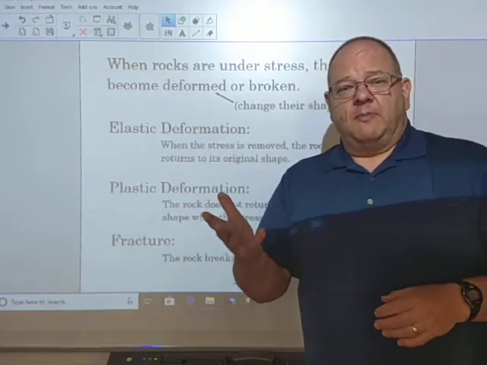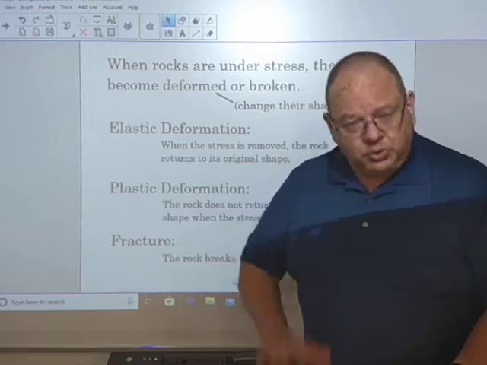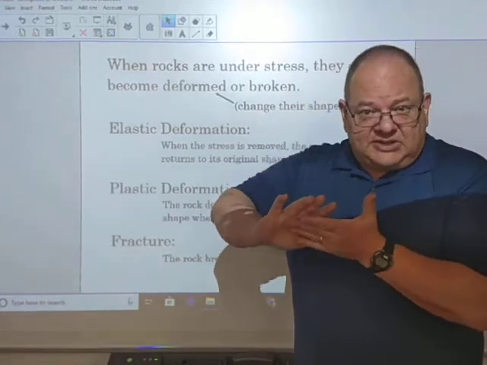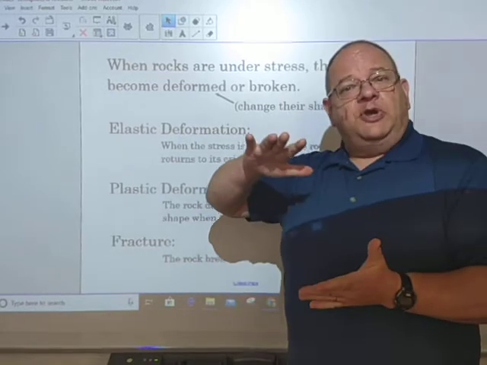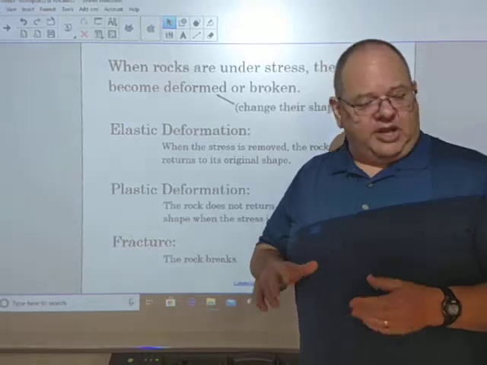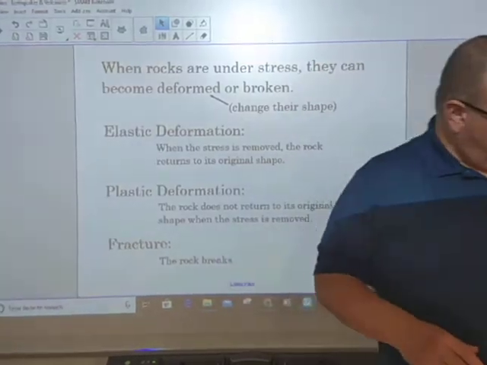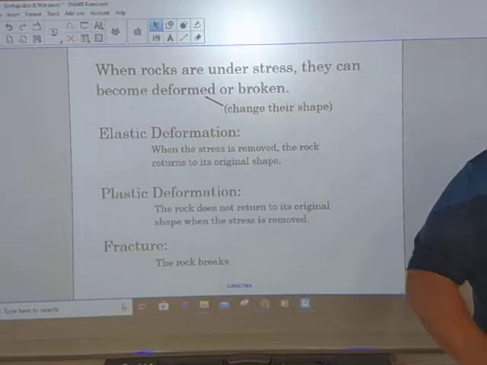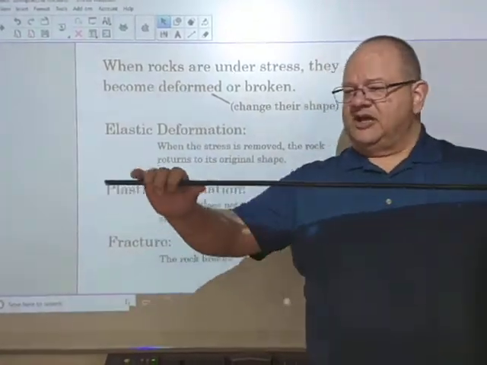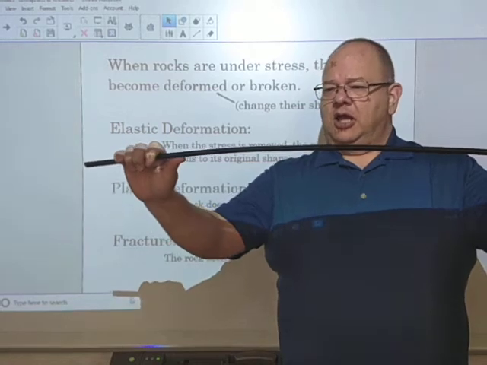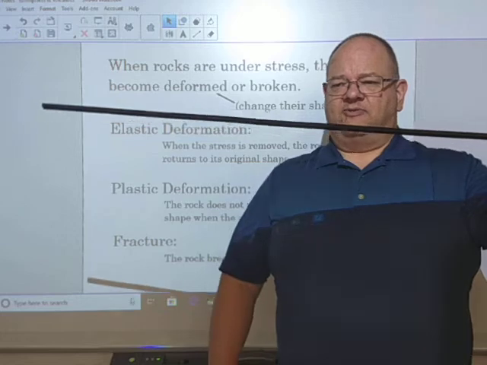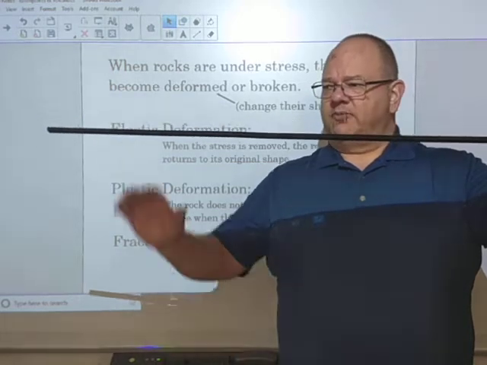If you are dribbling a basketball, when you push the basketball towards the ground, it hits the ground, that ball gets compressed against the ground, but then it springs back. It's elastic. It wants to go back to its original shape. So, as an example of elastic deformation, okay, I just have a stick here, and if I apply some force, you can see that I bent the stick, but I let the force go and the stick's back to its original shape.